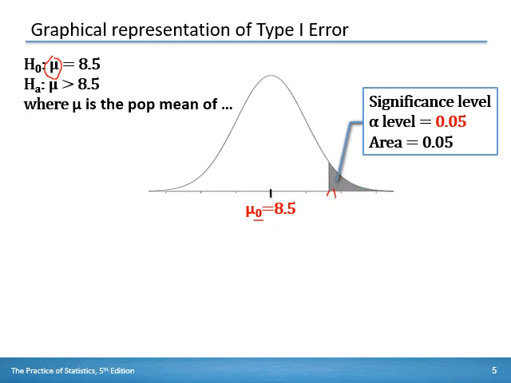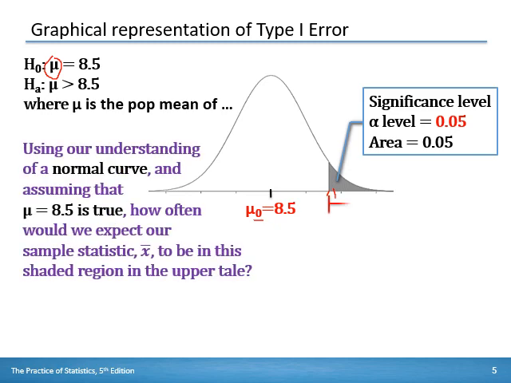Okay, so using your understanding of the normal curve and assuming that our null hypothesis 8.5 is actually true, how often would we expect sample statistics, or X bars, to be in that shaded region in the top right corner?